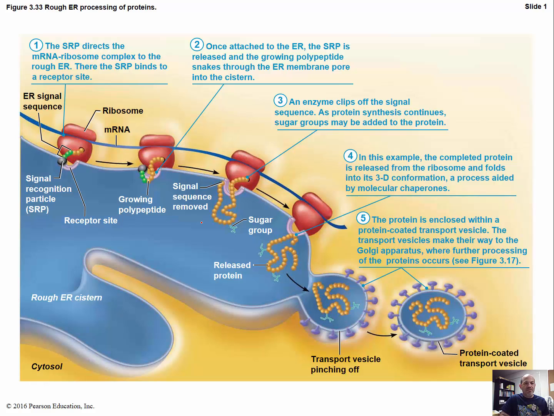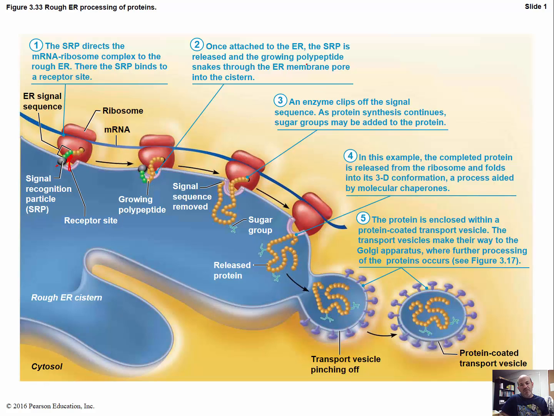So here you have your mRNA, and here's your ribosome. And looking at step 1, the signal recognition particle is going to direct the mRNA ribosome complex to the rough ER. There, the signal recognition particle binds to the receptor site. Then we're going to start growing our polypeptide chain.